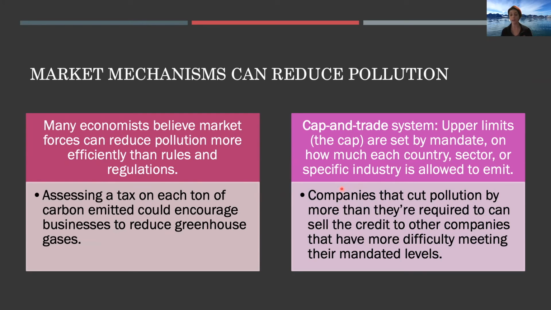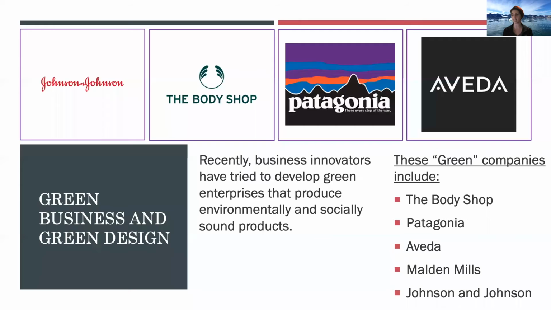Companies that cut pollution by more than they're required to can actually sell their credit to other companies that might have more difficulty meeting those mandated levels. In this way, this sets up the same kind of incentives as a tax, but doesn't require as much government oversight.